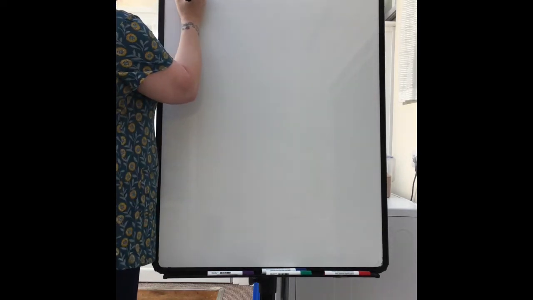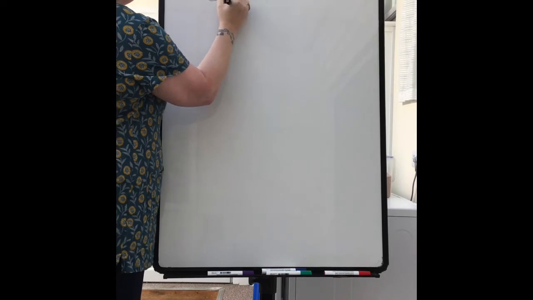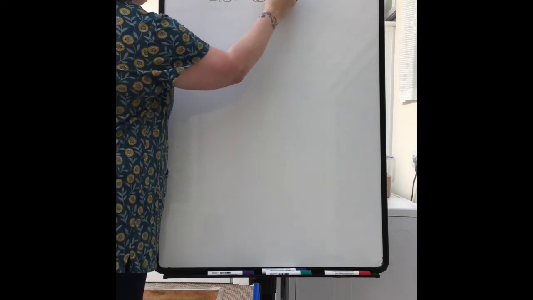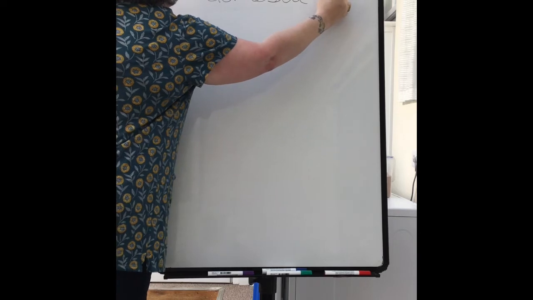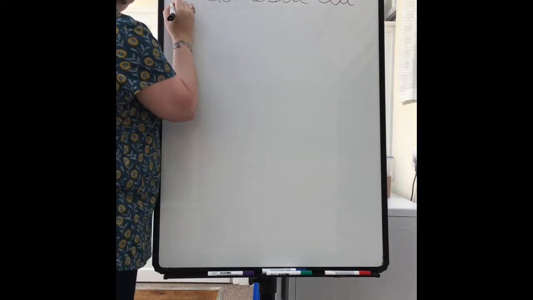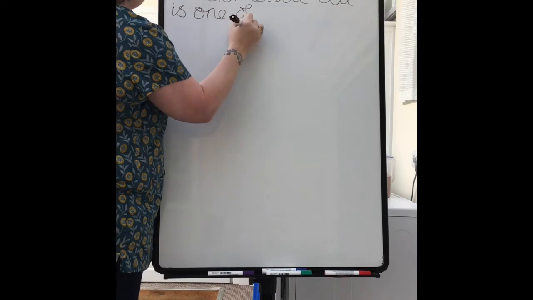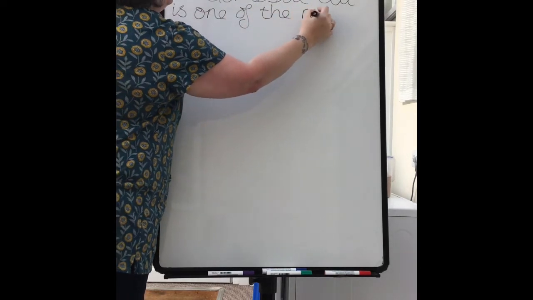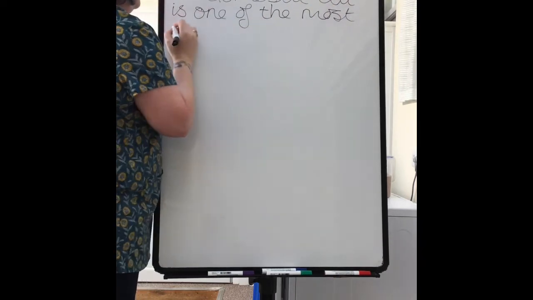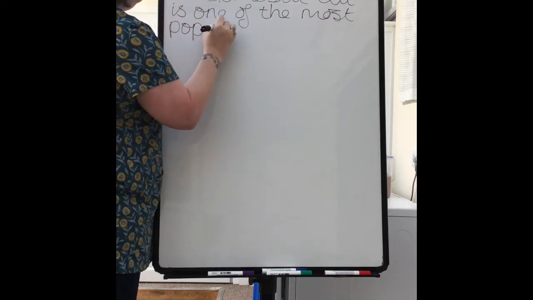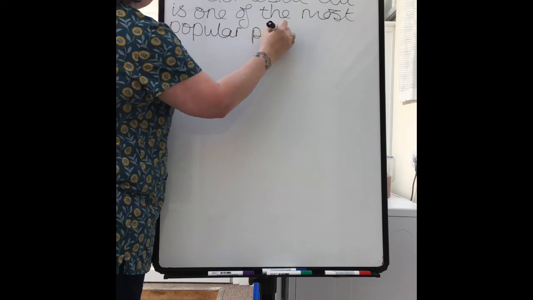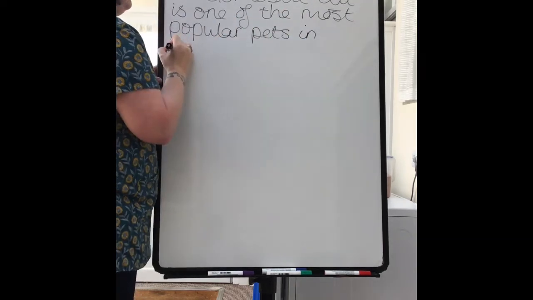I'm writing about cats, so I'm going to write that the cat is one of the most popular pets in the UK. So I'm going to write the domestic cat is one of the most popular pets in Britain.